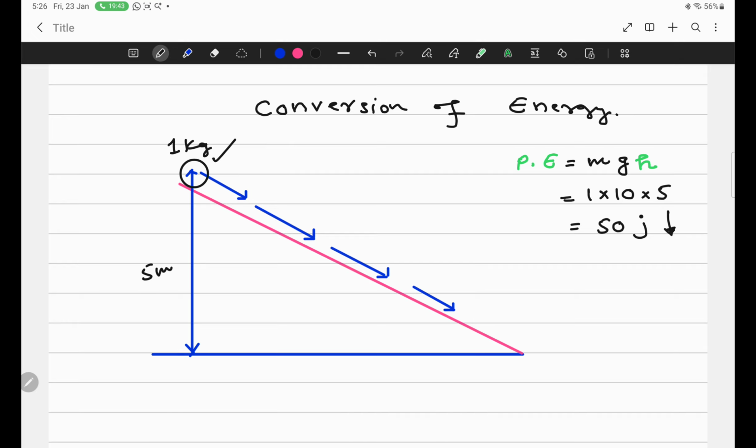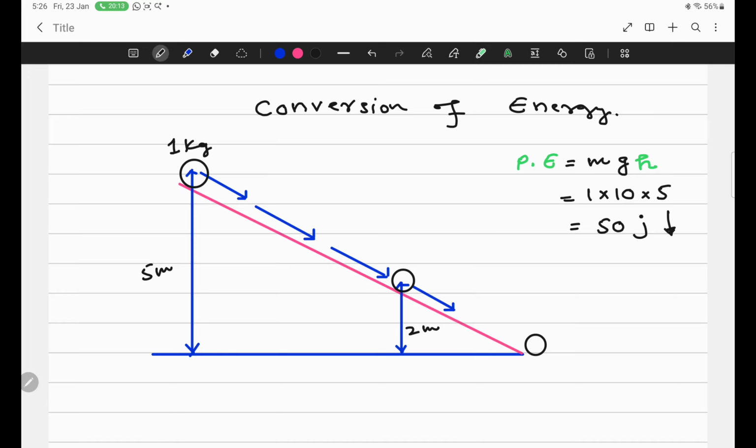When the ball is at this position, the height is 5 meter. When the ball is at this position, the height is considered 2 meter. So you can see the height of the ball is decreasing. When the height is decreasing, the potential energy is decreasing. And when it reaches the ground, height becomes zero, potential energy becomes zero.